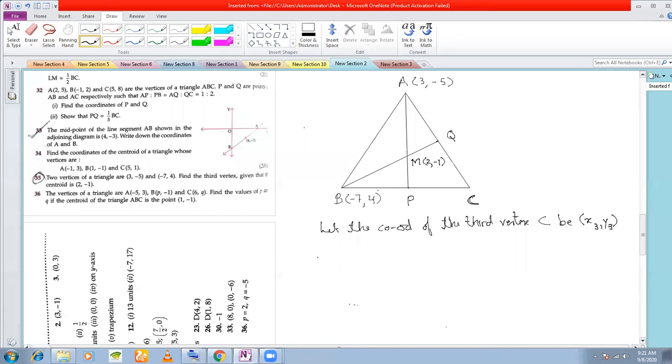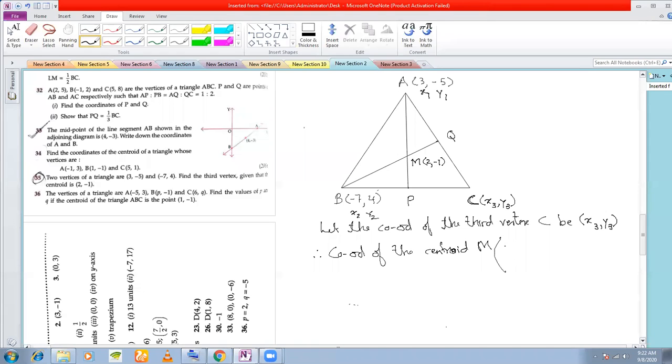Therefore, what should be the coordinates of the centroid in terms of x3, y3? What was the formula for coordinates of the centroid? You consider this as your x1, y1, x2, y2, and C is here, which I have taken as x3, y3.